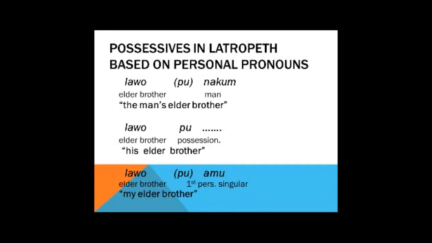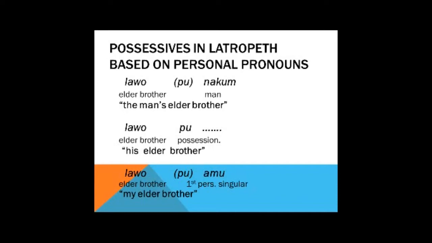So here's some examples. Without any personal pronoun reference, a phrase incorporating possession with two nouns, the possessee followed by the possessor, where the possessee is indicating a kin term. Lawo pukum, the man's elder brother. Now in the middle you've got lawopu and nothing else, so there's no possessor noun in there at all.